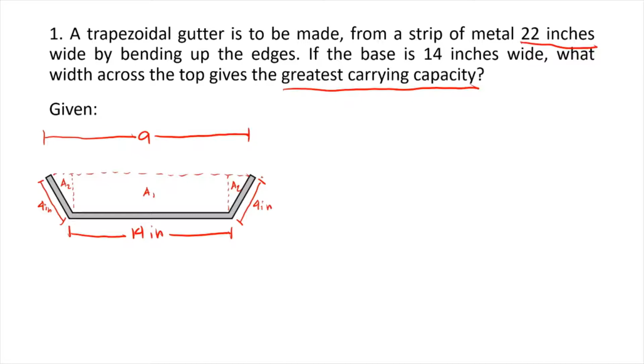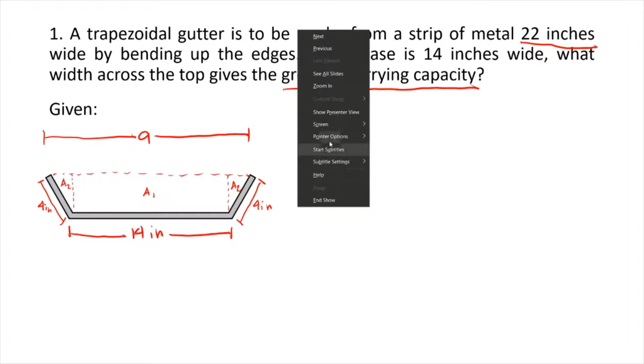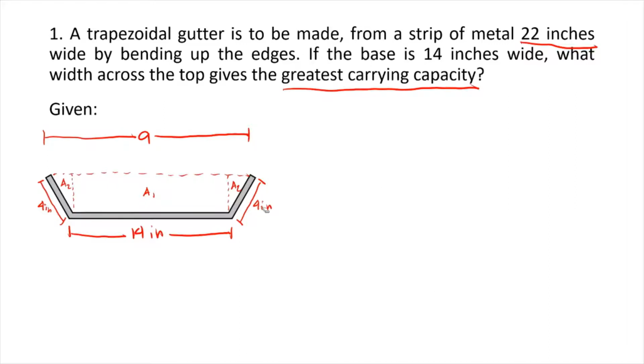Now, if you can notice, there are actually right triangles on both sides of the gutter, right? So let's just look at one of them. Let's say this one. So let's form a right triangle here. Let's just focus on this right triangle first.